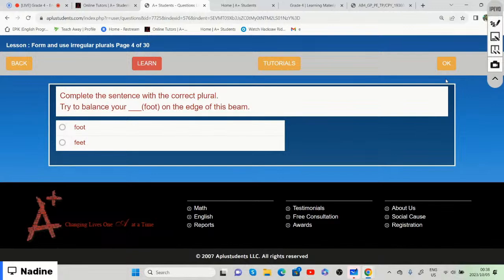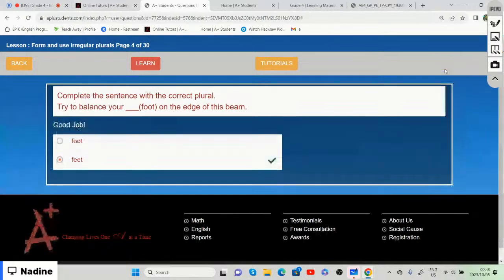So try to balance your foot on the edge of the beam. And the plural form of foot, yep, it is feet. So well done. Feet is correct.